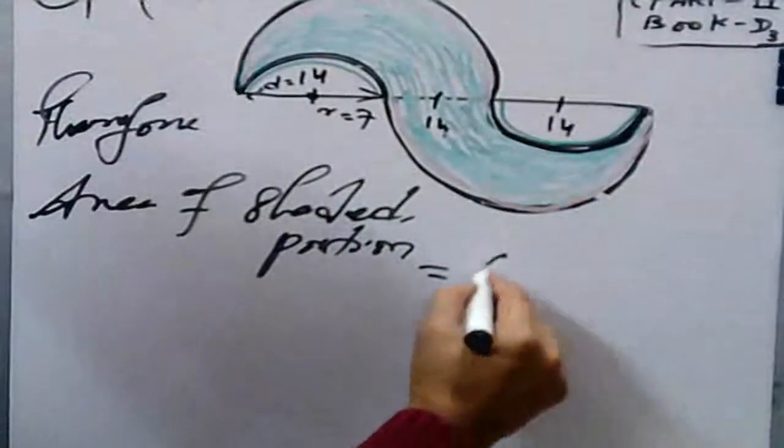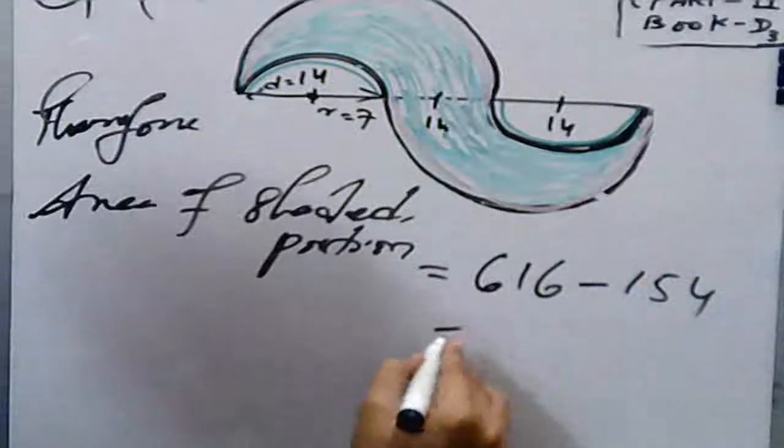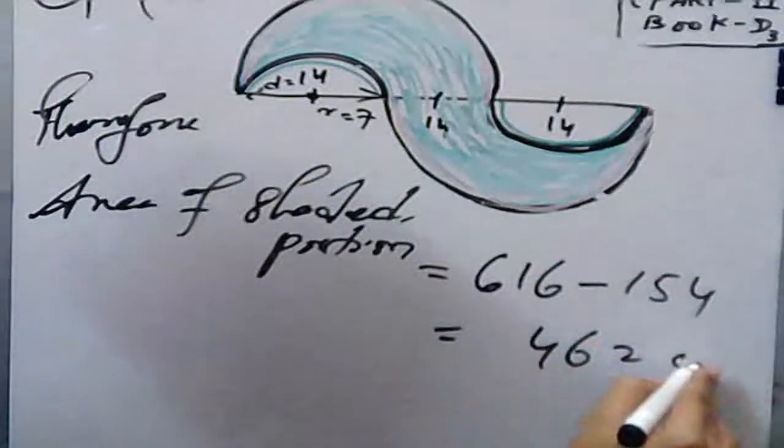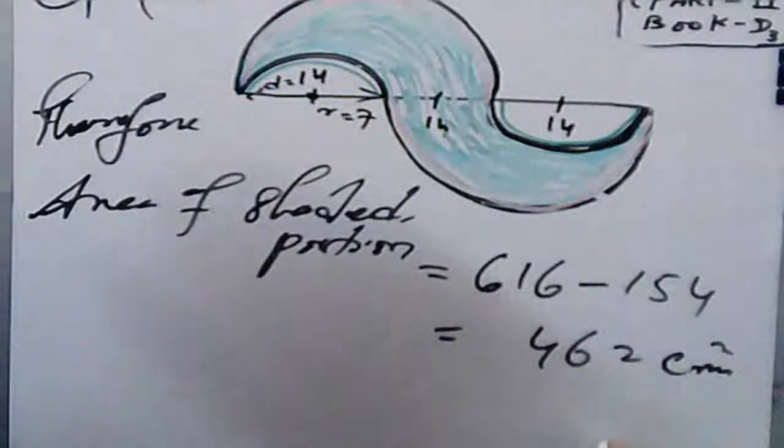You have calculated the big semicircles and the small semicircles, you subtract, and you will get 462 centimeter square as your required result.